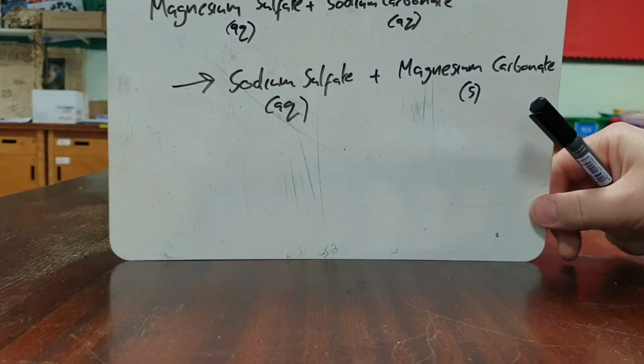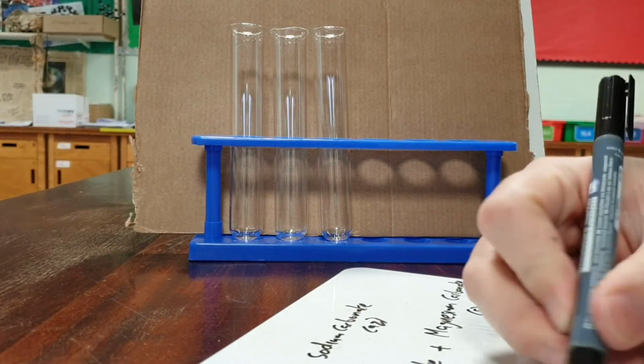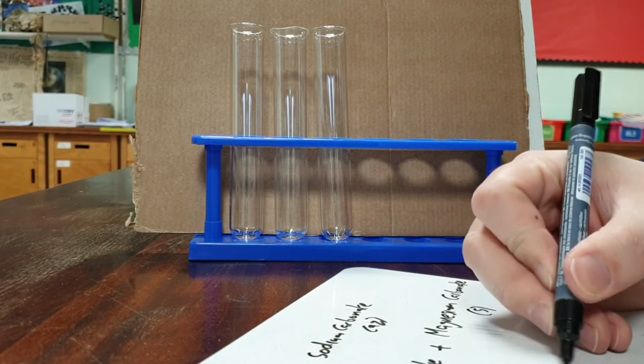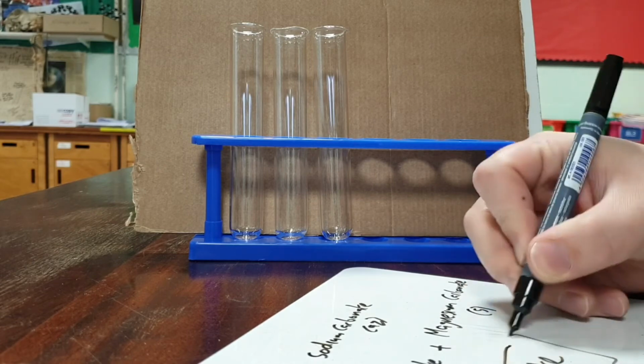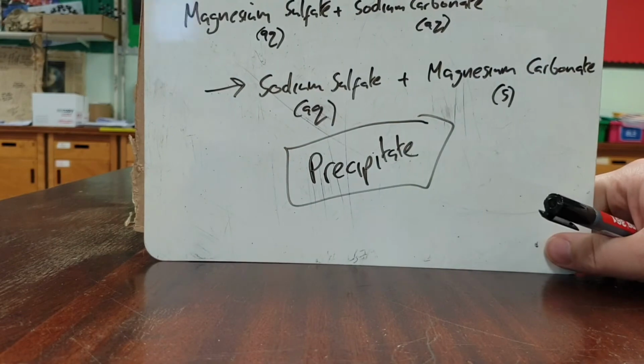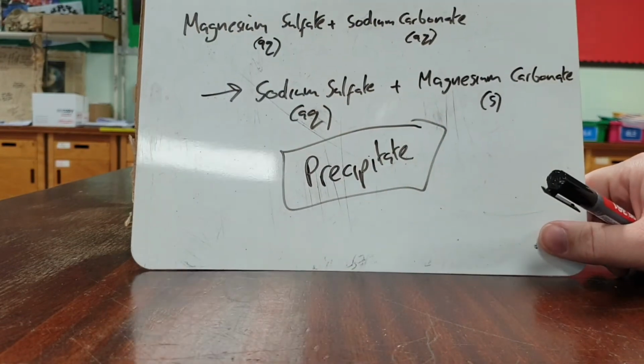And that insoluble solid that it forms is called, and I'll hold this up so you can see it, a precipitate. When you get a precipitate, it means you've mixed two solutions and created a solid.